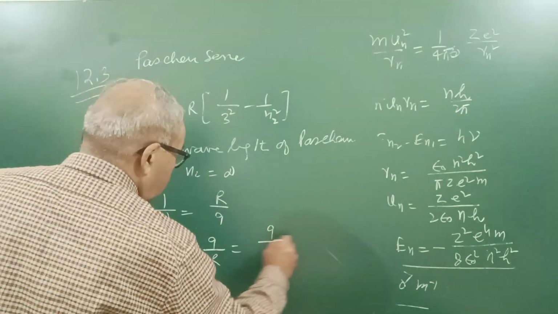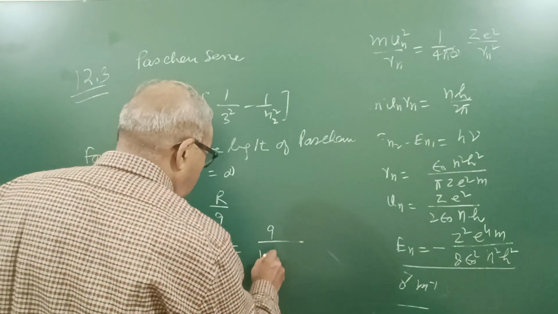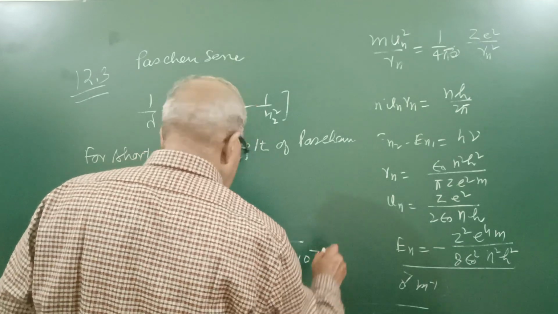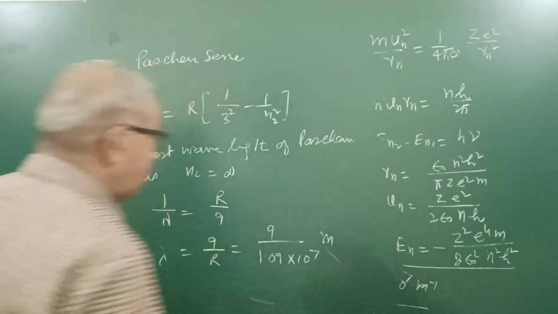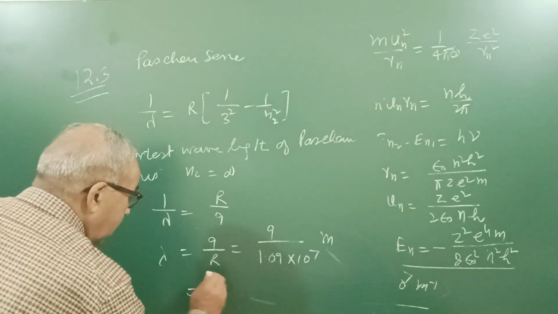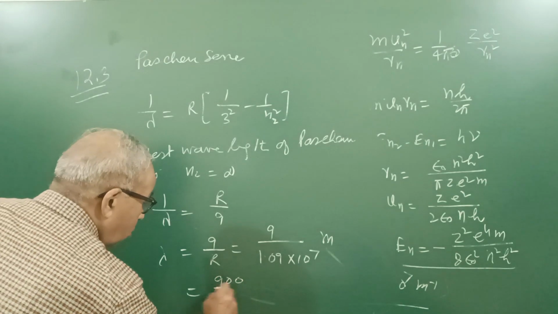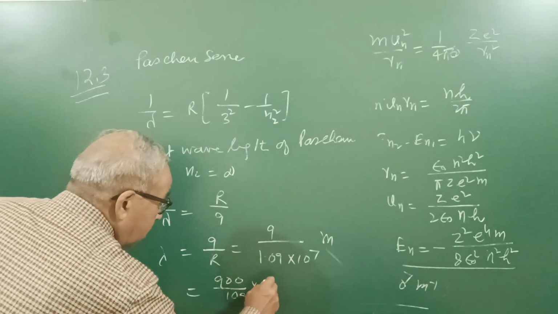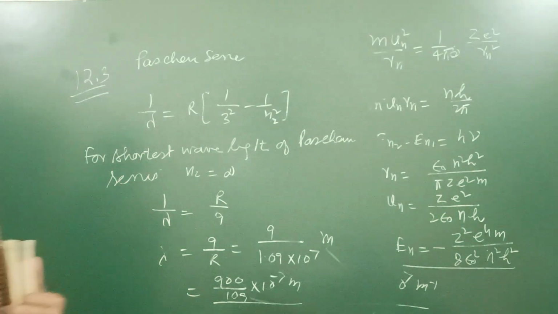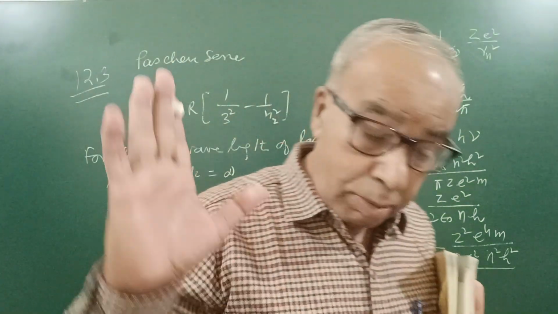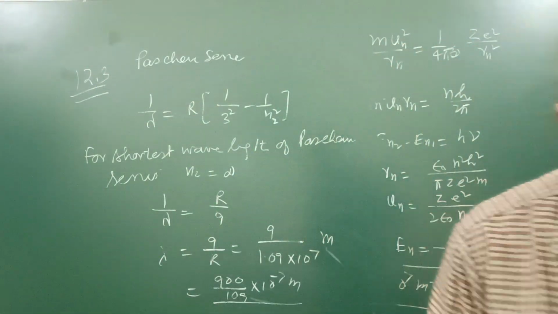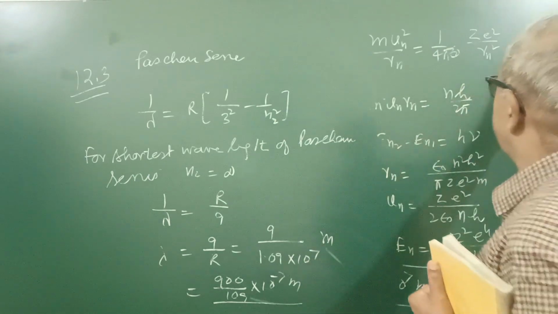And I told you that the value of R is 1.09 times 10 to the power 7. It will come out in meter. So it will be 900 upon 109 times 10 to the power minus 7. You divide it, you will get the answer. This must be done, and please get your answer verified from the NCERT book. It is given there.